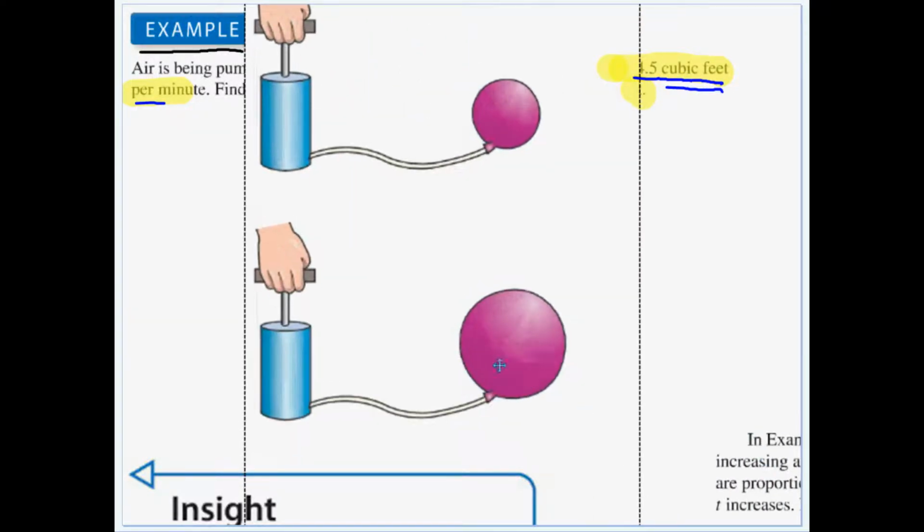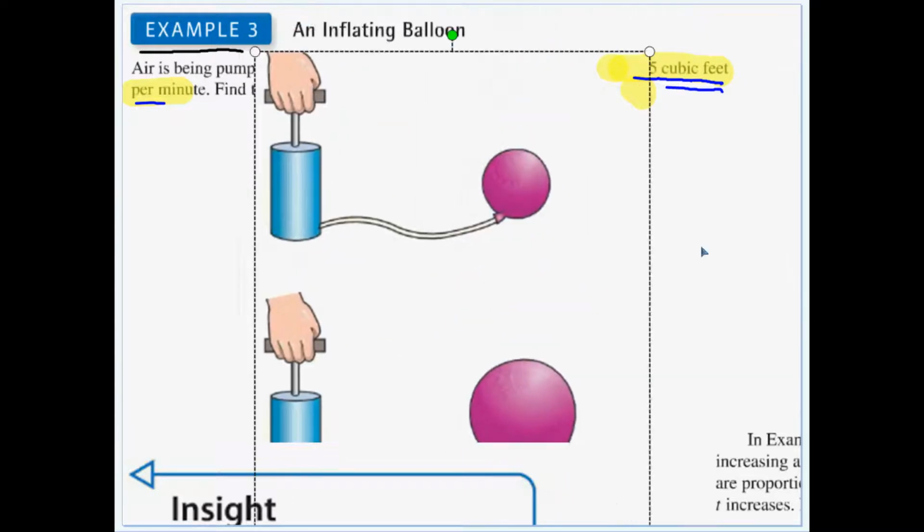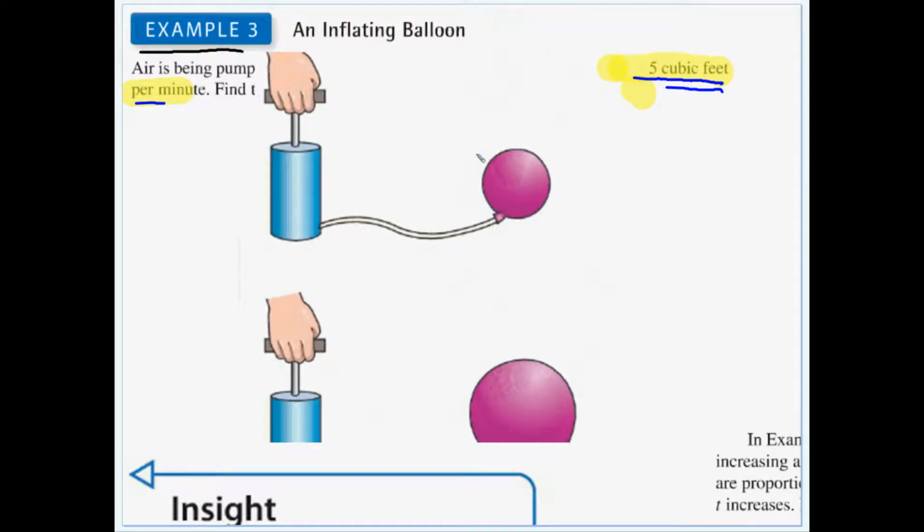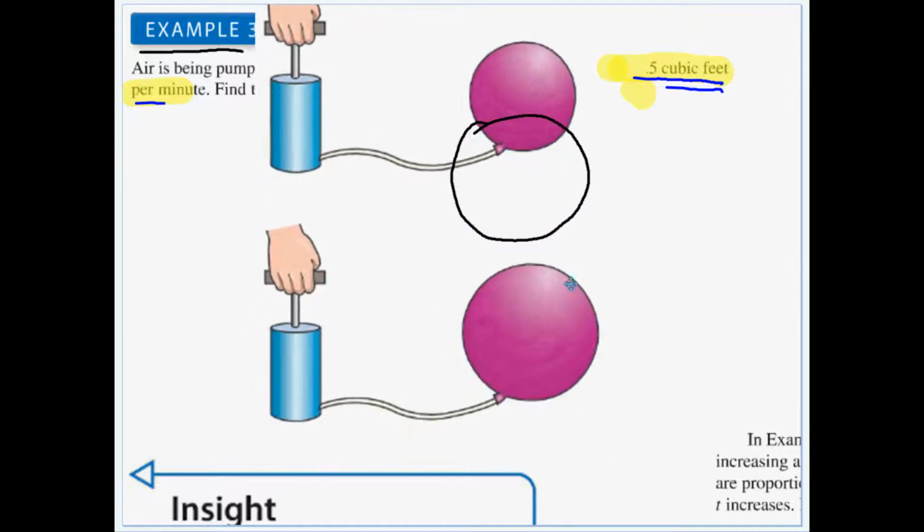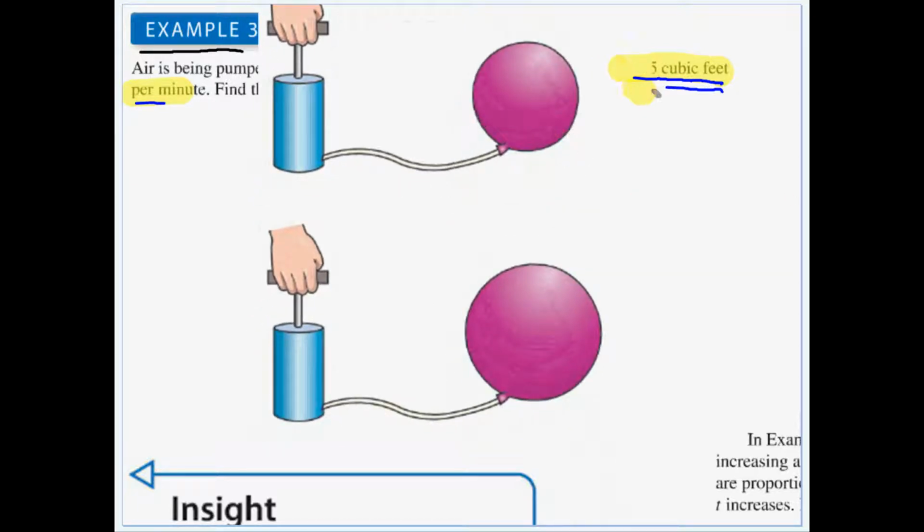Remember, we're adding 4.5 cubic feet of volume. If we have a very small balloon and we have 4.5 cubic feet of volume to put around it, it's going to seem like quite a bit to what's already there. But as the balloon increases, the layer created by another 4.5 cubic feet gets thinner and thinner. That same 4.5 cubic feet spread around a bigger balloon is going to be much thinner.